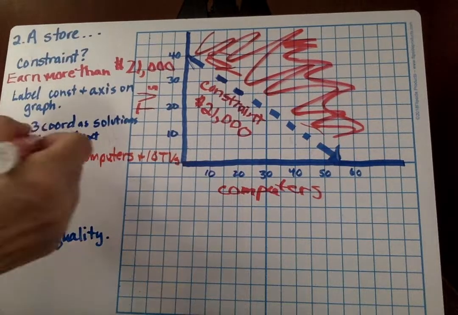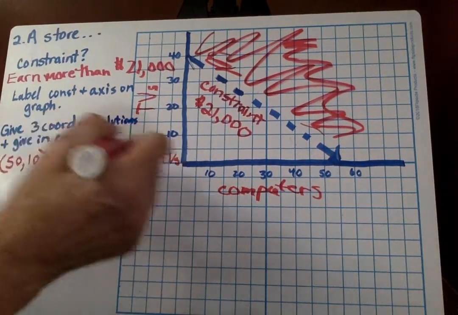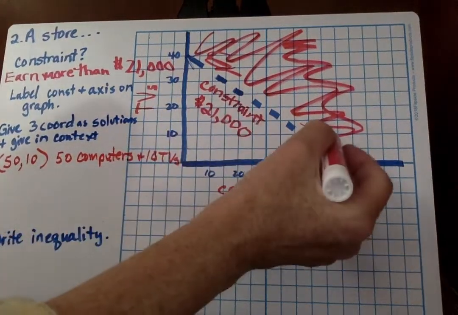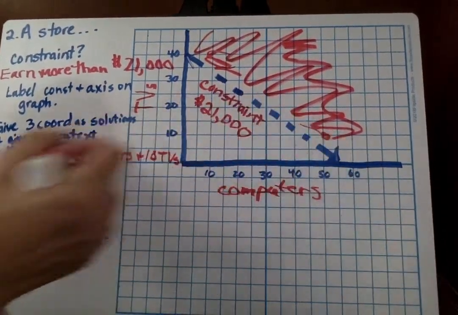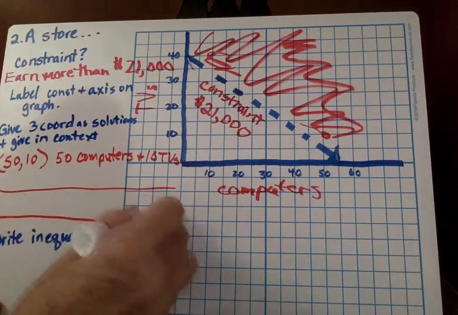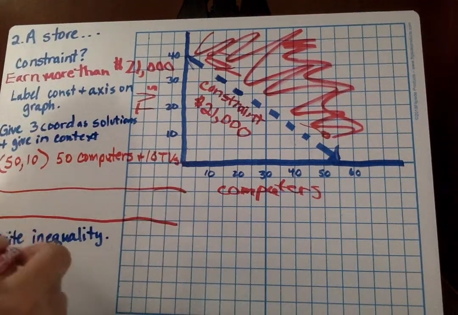Or you say the company must sell 50 computers and 10 TVs. And then that would be 50, 10 right here. And I will let you do the 2 other ones there and write in context what it means.